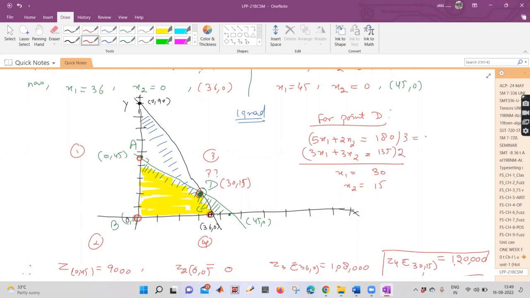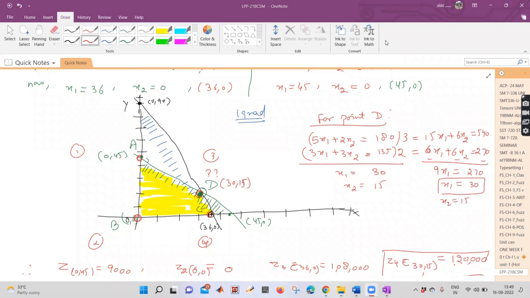So what will you get? 15x1 + 6x2 = 540, and 6x1 + 6x2 = 270. Now you subtract it. So you will have 9x1 = 270. X1 is your 30 here. Therefore, now you put it in any of the equations, you will get the value of x2 is 15. Okay.